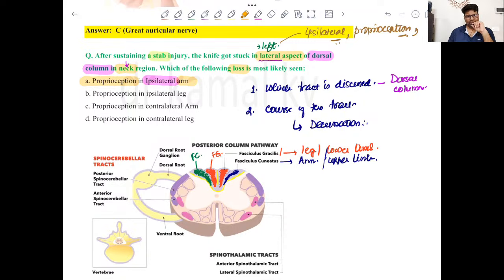See, the question is about loss of dorsiflexion of foot, right? Let me explain the concept, and then I think students will get to know whether they were wrong or right.